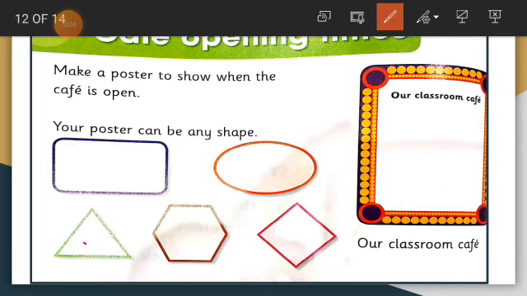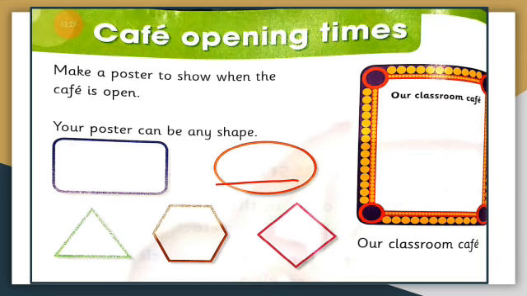If you want to choose this shape, you can also draw it and write down your cafe timing. Or if you want to choose the hexagon, you can choose this shape. If you want to choose the square, you can choose this one. Okay, the example is there. This is how we will choose the poster shape.